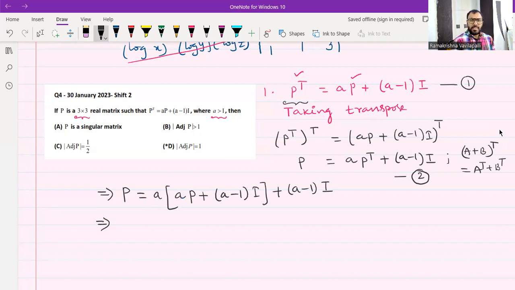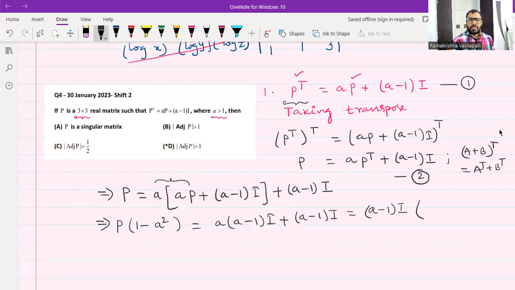So here this is A square P, bring this side. So you will have P into 1 minus A square, and here A into A minus 1 into I plus A minus 1 into I. This is equal to, you can take A minus 1 into I common.